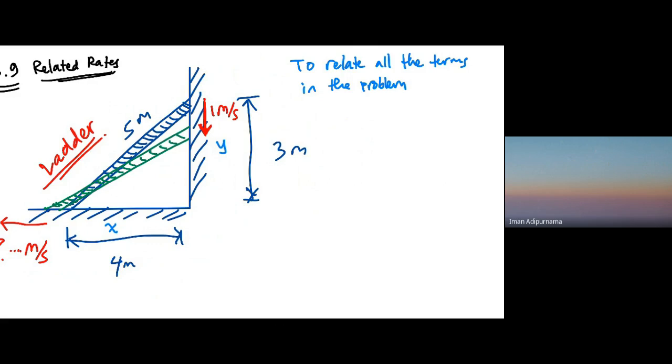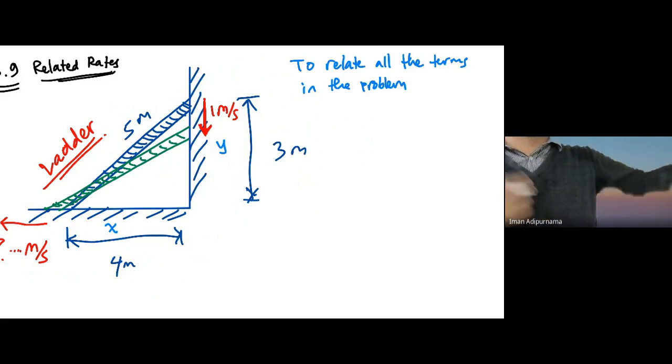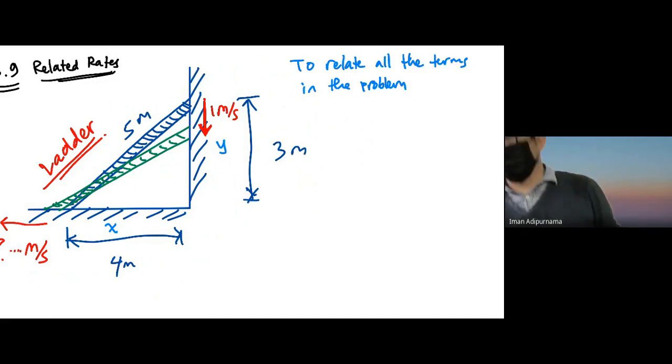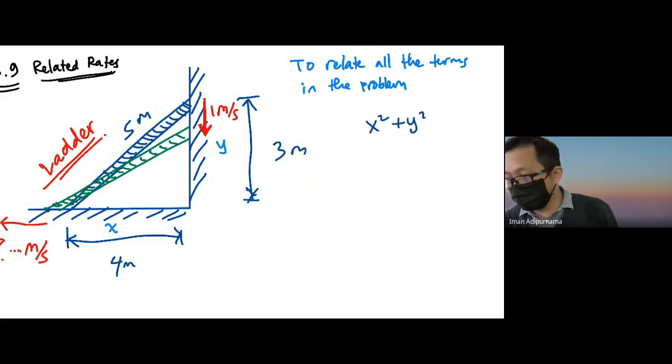You have two variables, because when y is changing, x also changes, right? So let's have a formula. Because it's a triangle, I think the best formula that we can use to connect all of that is x squared plus y squared equals 5 squared. I think this will be the best way to connect all the formula, right?